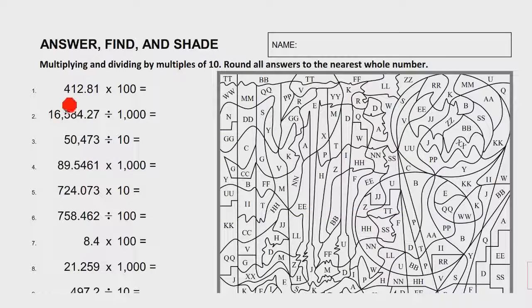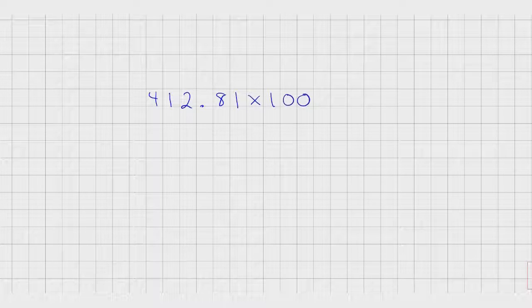Problem 1 says 412 and 81 hundredths, or 412.81, times 100. All you need to do when you're multiplying by 100 is just count the zeros, and you can see we have 1, 2. For every zero you see, you just move the decimal that amount of spaces.